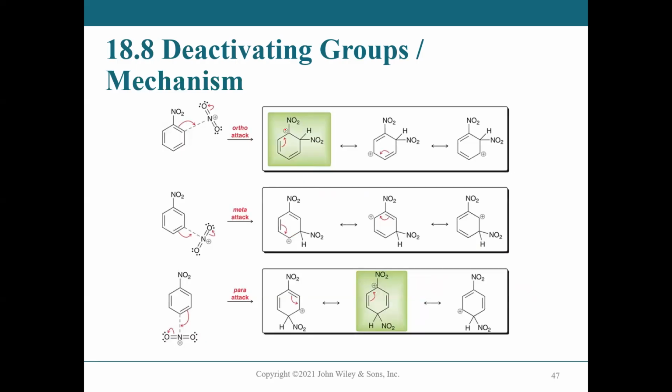And that's because if we put a positive charge here, how would that donate? It's not going to help contribute to the electron withdrawing effects. Here, in the meta position, we don't see that formal charge adjacent to the NO2 group.